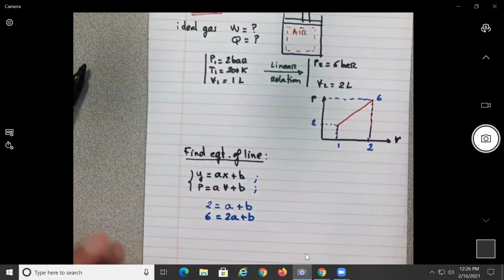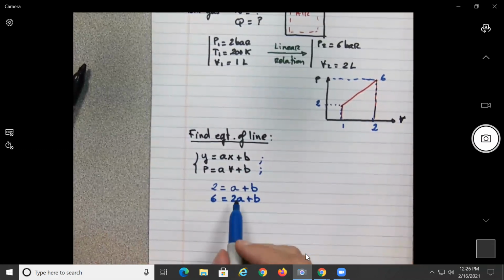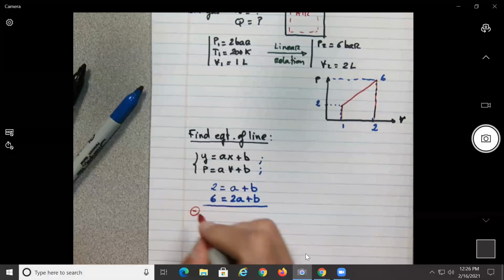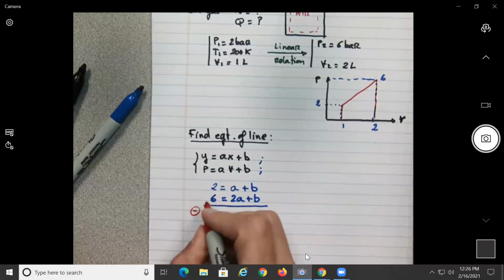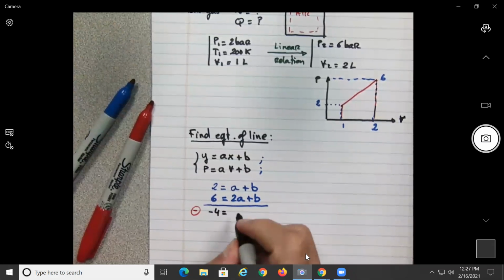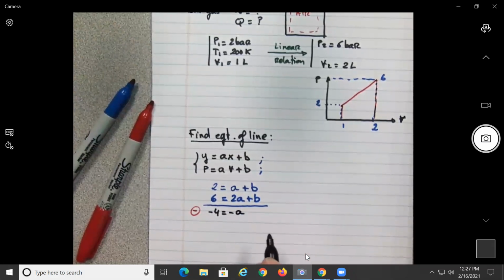Let me do this a bit quick so we have time to finish it up. One quick way to finish this would be to subtract these two equations. What do you get? Minus 4 equal to minus a, because the b will cancel out.